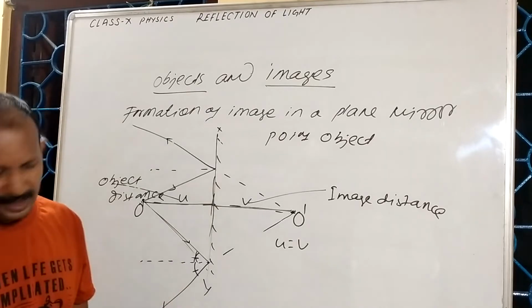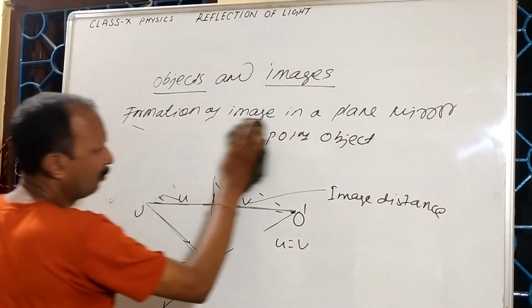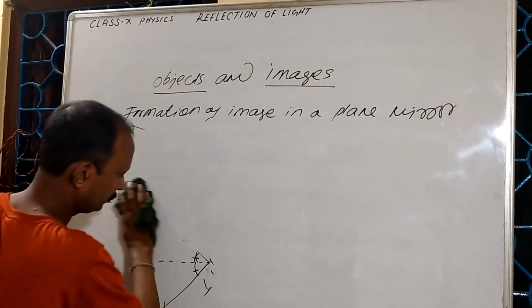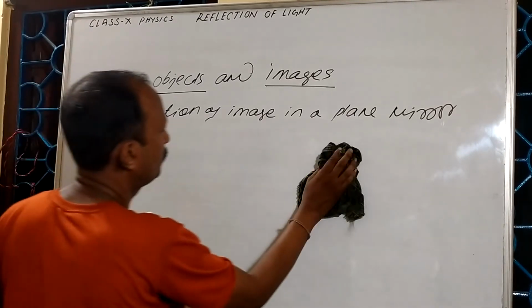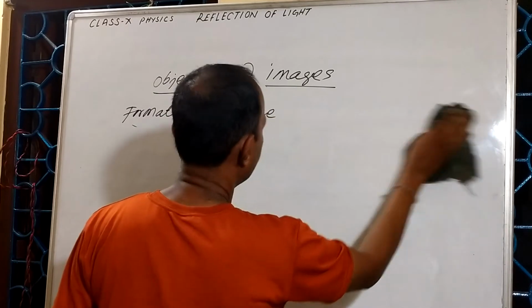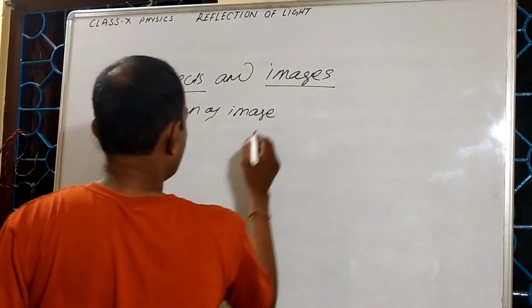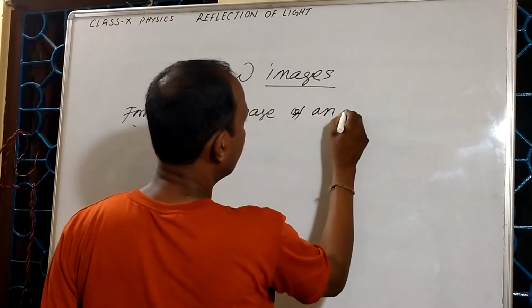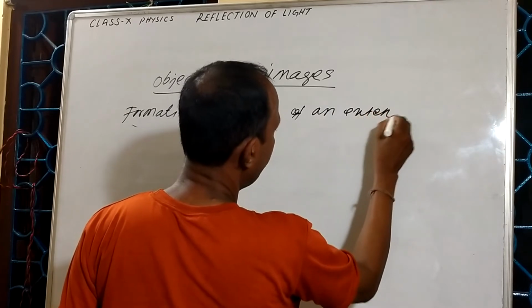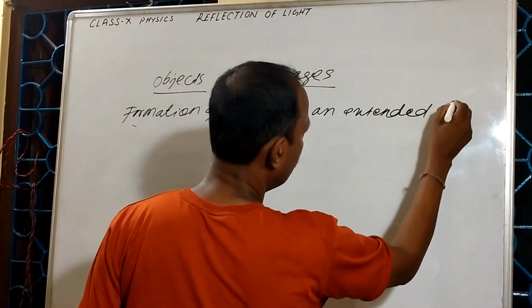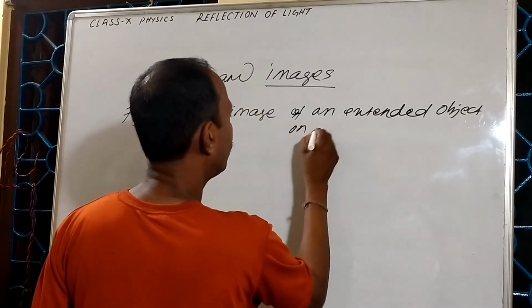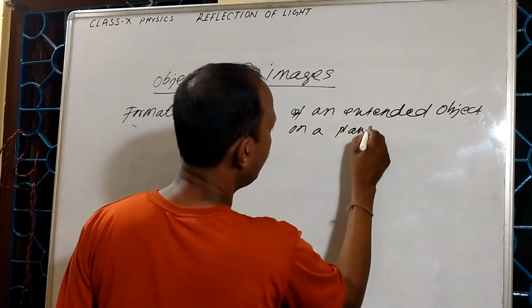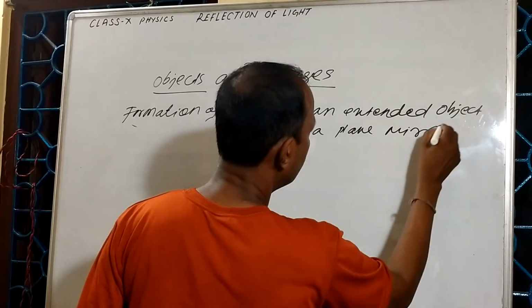Now let us see about the extended object. Formation of an image of an extended object on a plane mirror.